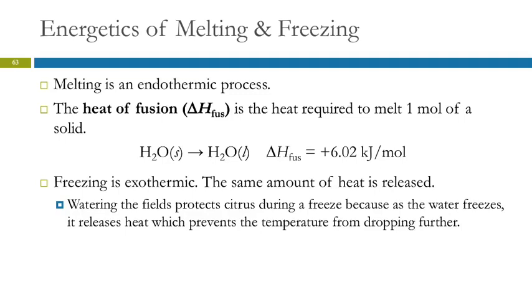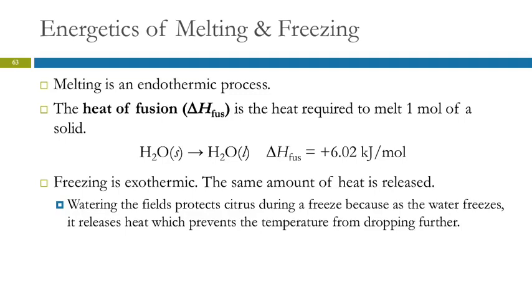They flood the field with water. Then as the temperature drops, gets down to 0 degrees Celsius, the water begins to freeze. But the temperature where that water is freezing will not drop below 0 degrees Celsius until all the water has frozen. And so it's releasing energy, keeping the temperature at 0 degrees.